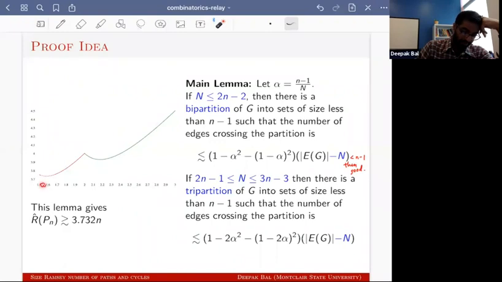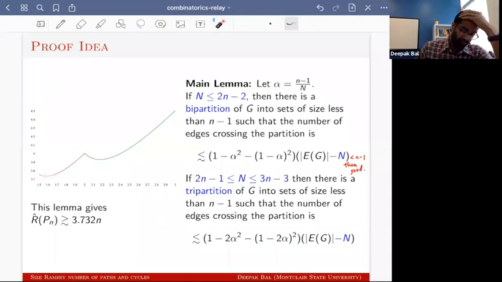Over on the left here, it's graphs with 1.5 little n vertices up to graphs with 3n vertices. And what bound do you get using this argument? That's shown here. So if you just do this, then you get a lower bound of 3.732n. And so the min happens somewhere in here.